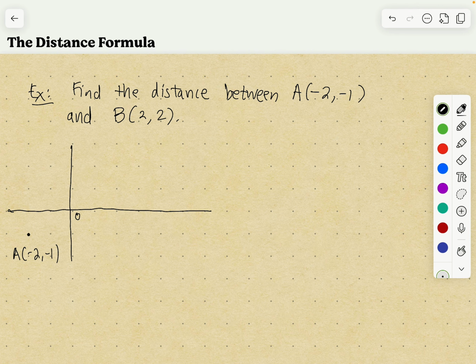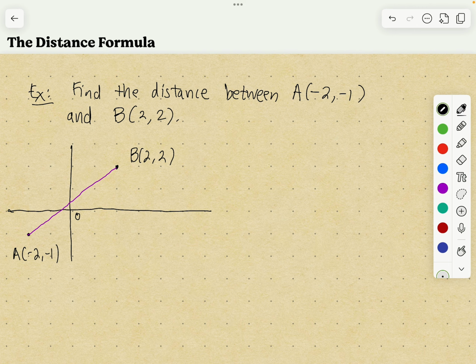And then B is (2, 2), which is here. And I have this line segment from A to B. And I want to know what's the length of that line segment. That's the distance from A to B.